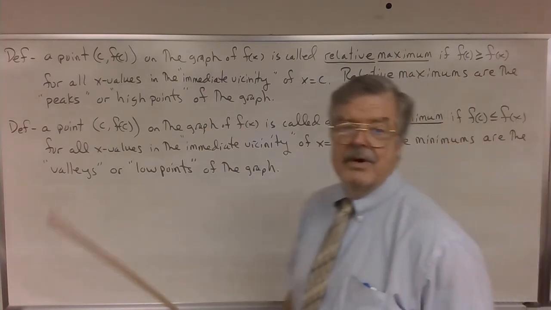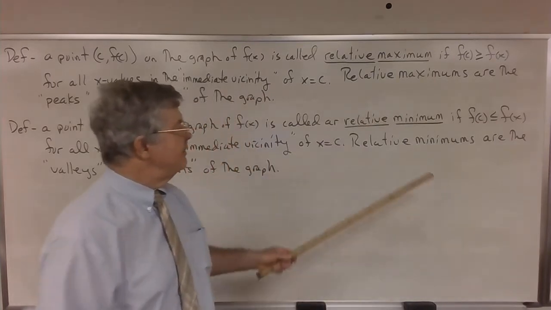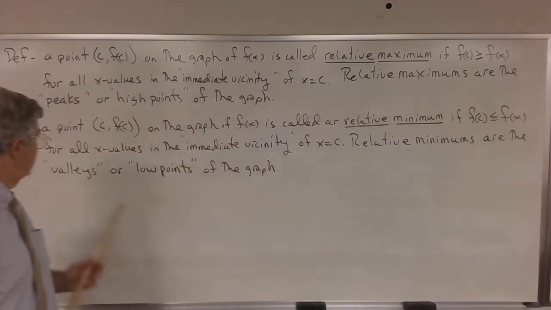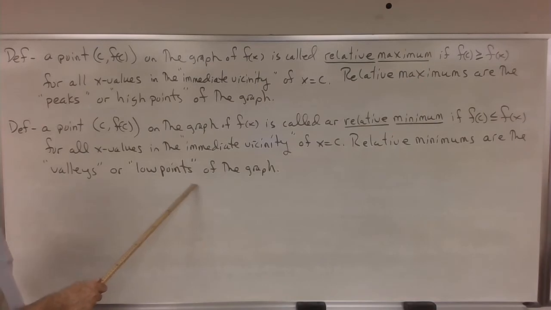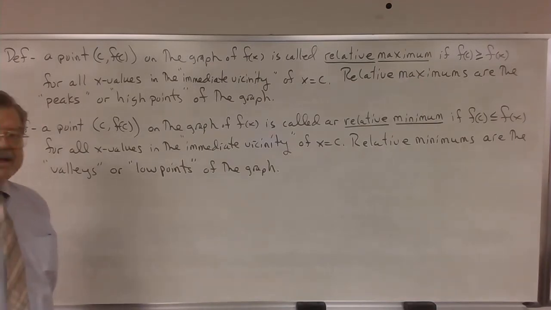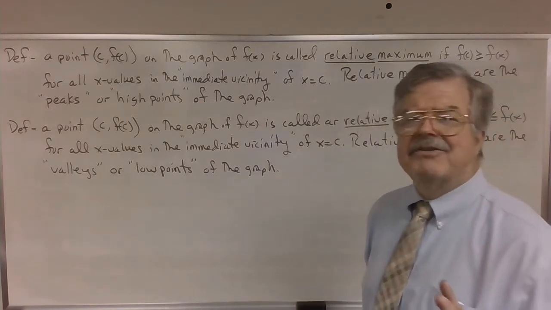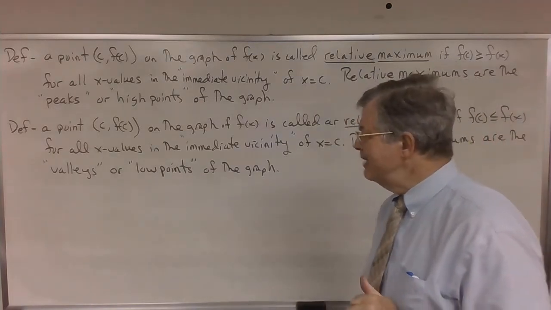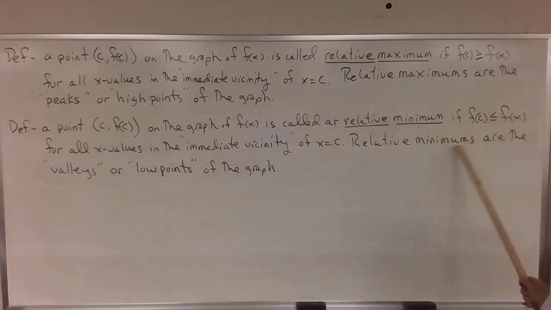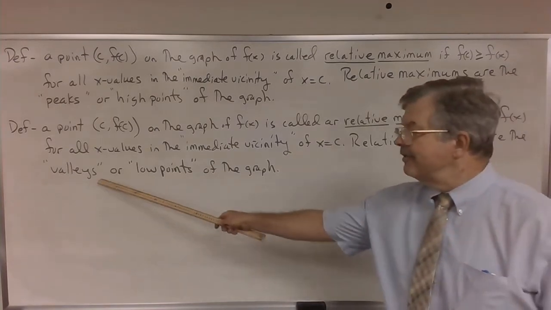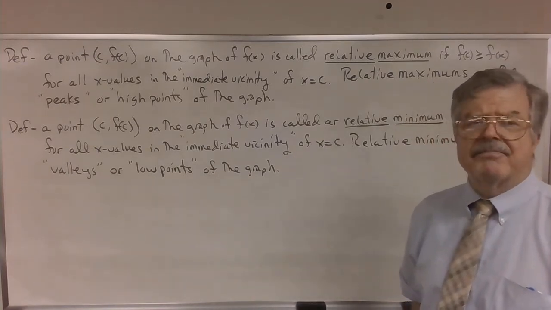What we really want to take from this is the idea that relative minimums are the valleys or the low points of the graph. We're after intuition here, so we want to have an intuitive idea of what a relative minimum is.